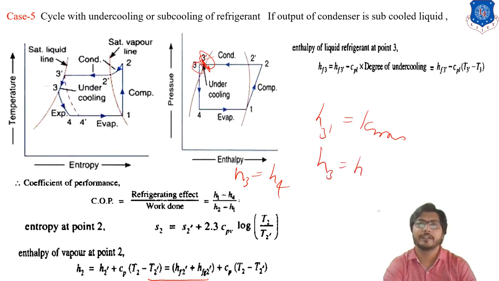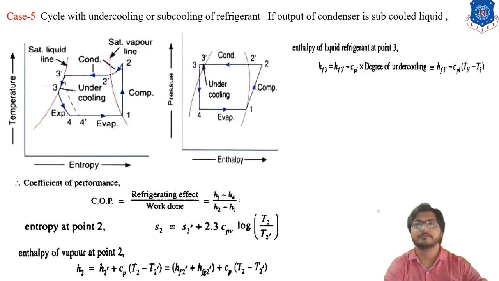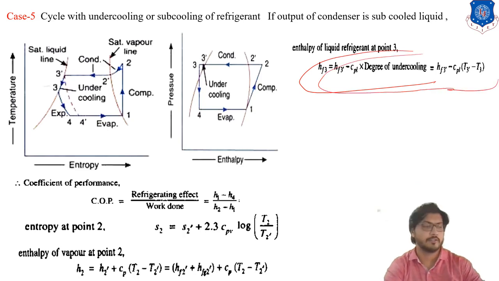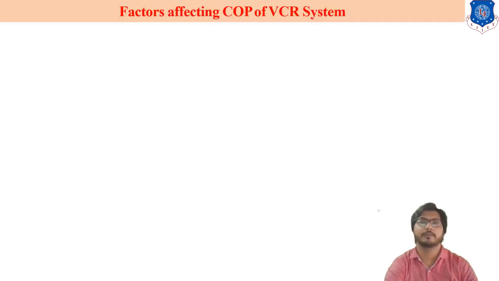H3 is equal to H3 dash minus Cp of liquid times delta T, the temperature difference, or degree of subcooling, undercooling or subcooling. Here we use minus because it is less than this one. So we use this formula, just remember it from the numerical point of view.